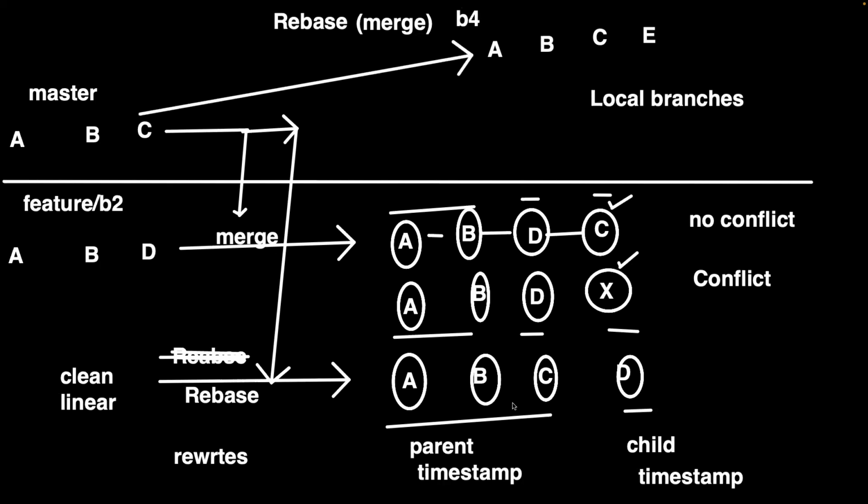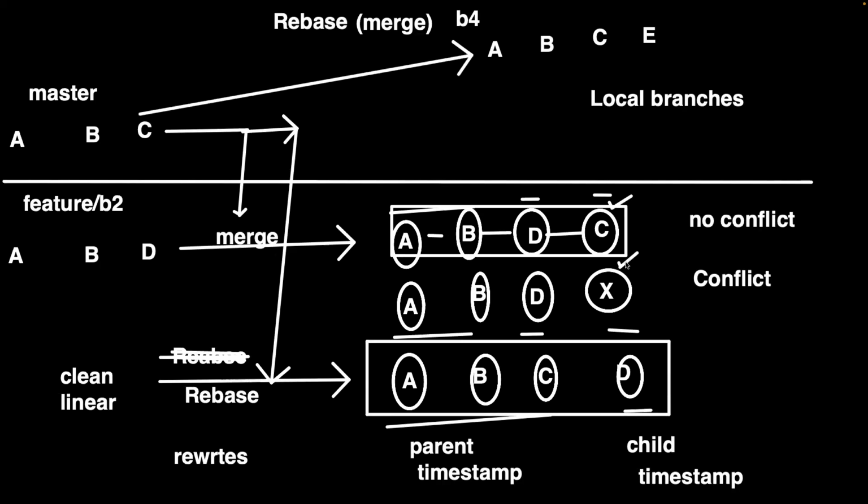Rewrite means changing the log history. It modifies the log history like this. Otherwise, it should be this way, right? Let's say it reorders the log history. Maybe that can give you more clarity. It reorders the commits in the log history. That's what rewriting the log history means.